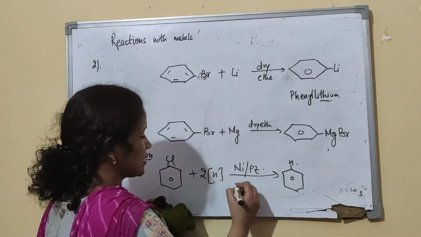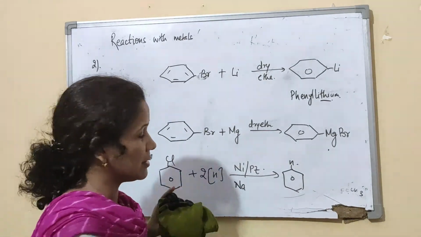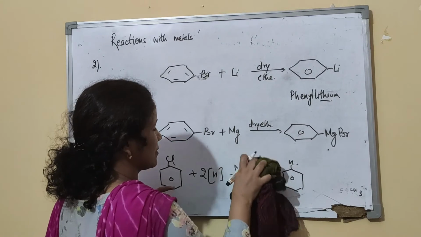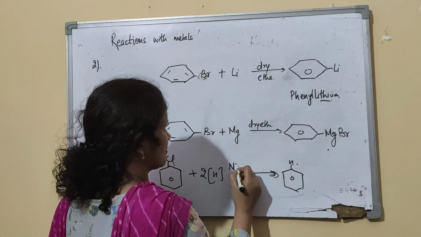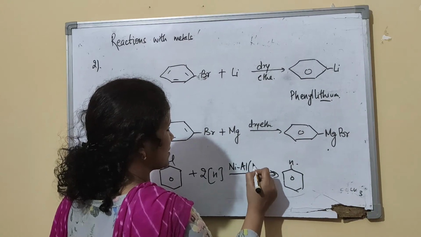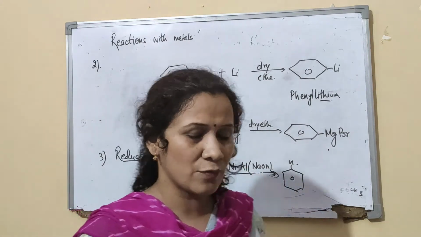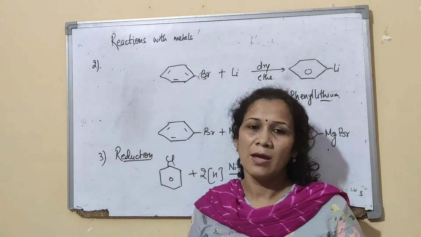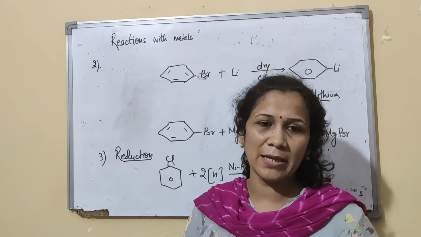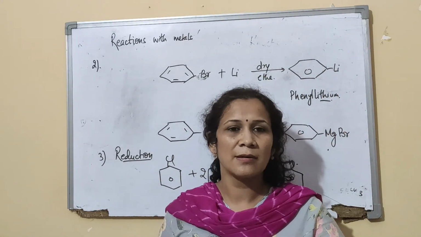Or you can use sodium. This reaction is nickel aluminium alloy in presence of NaOH. So we'll give you a reduction product. You will again get benzene. So all these reactions are very important, and so we complete the reactions of haloarenes.